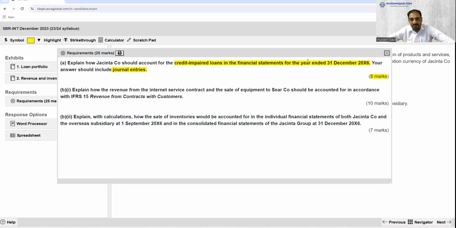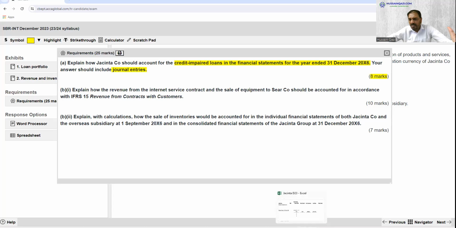So first of all, before starting this question, you must ask yourself, do you have the complete knowledge of credit impaired loans in the financial statements? If no, first of all, you have to recall the investment in credit impaired loans.